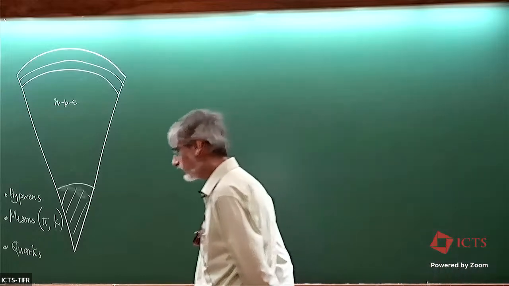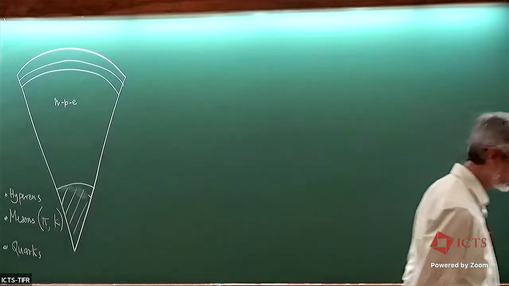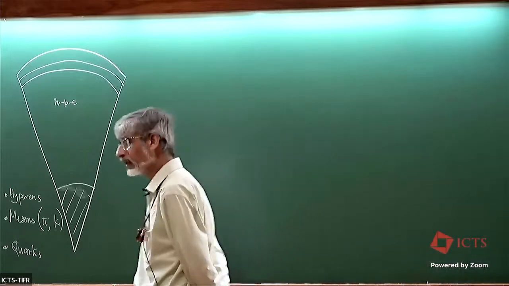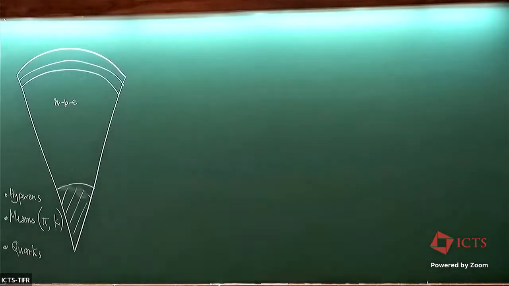Now, if you have a degenerate Fermi system, it's made of fermions and all states up to the Fermi energy are full, then it is a well-known fact that such a system is unstable to forming pairs of fermions if there is an attractive interaction between fermions. This is what happens in laboratory systems.